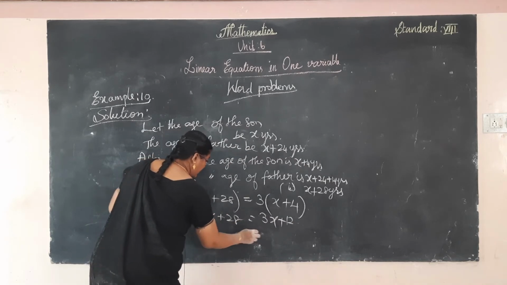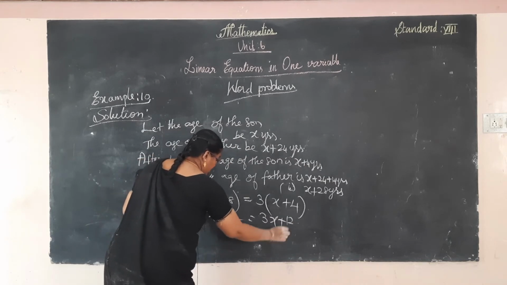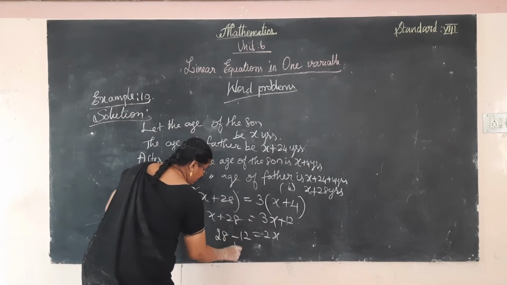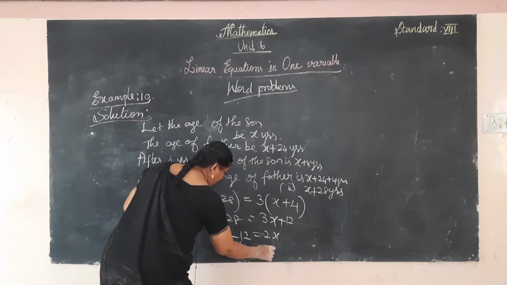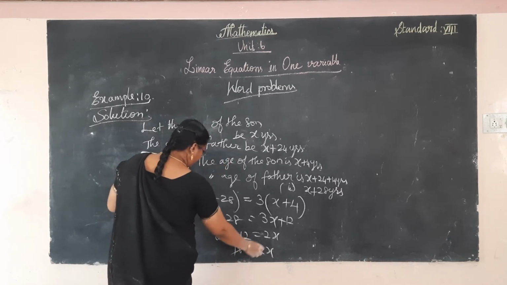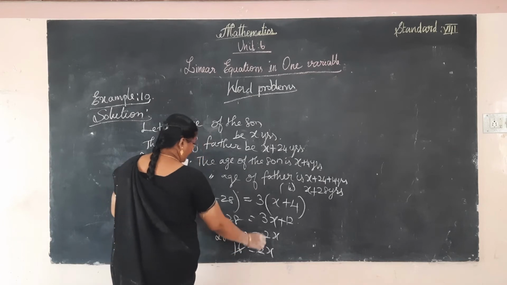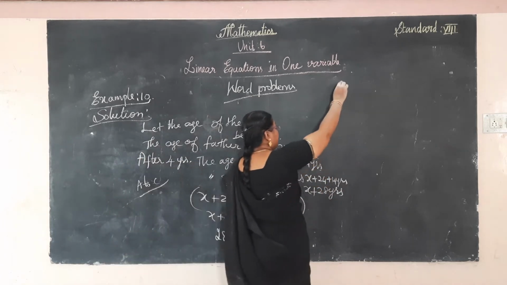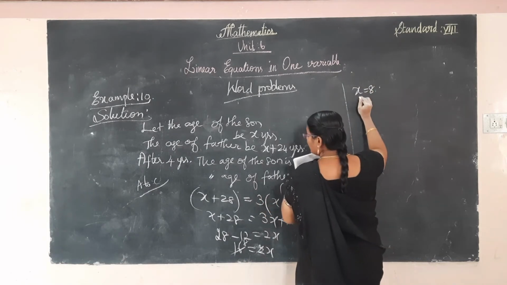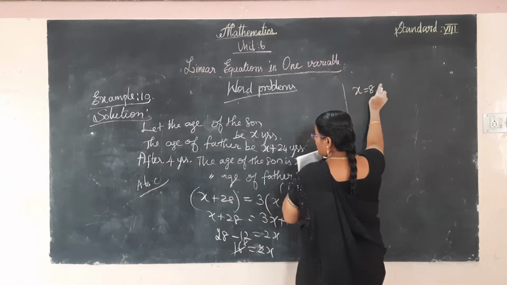So move x to that side: 28 minus 12, 16 is equal to 2x. So x equals 8. So the son's age is 8.